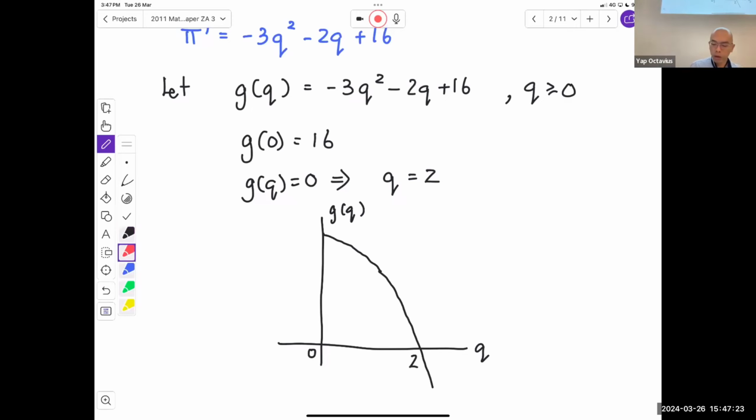The part that you're not supposed to draw is this part where there's a maximum point, and then it goes like that, the other side. Okay, the maximum point occurs a little bit behind here. So this part no need. Okay, so label this point 16. So they only need to see this point, and then your axis, then done. The end. Okay, so very simple, quick sketch of this graph.